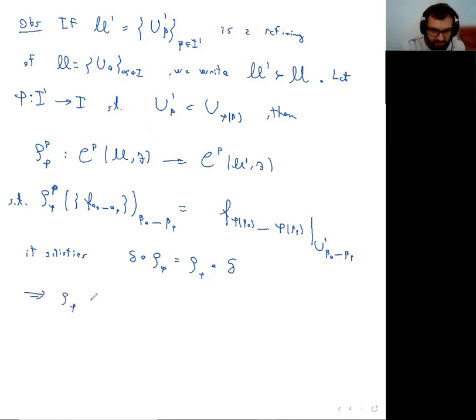And so what this means is that this is a morphism of cohomological complexes. So what are the two cohomological complexes? One is the one with u, and one is the one with u prime. And every time we have a morphism of cohomological complexes, it induces a map in cohomology, which we call rho, which of course still depends on phi.